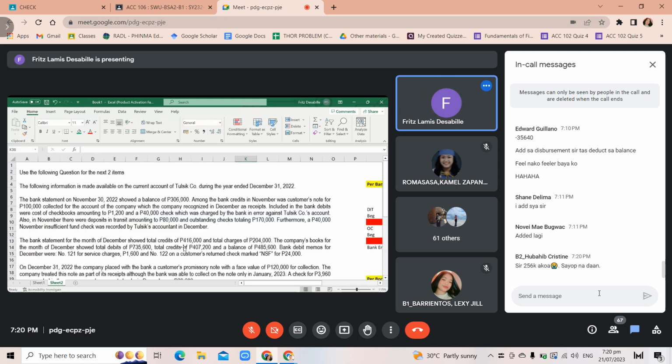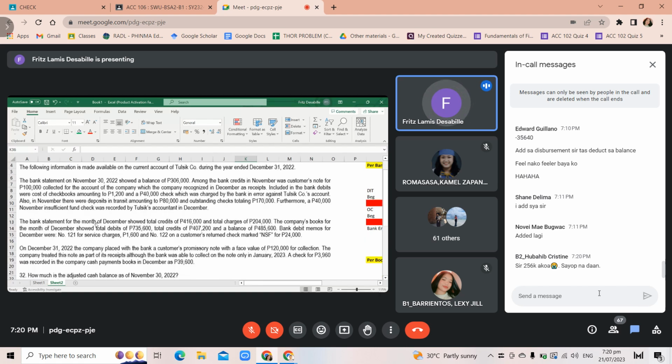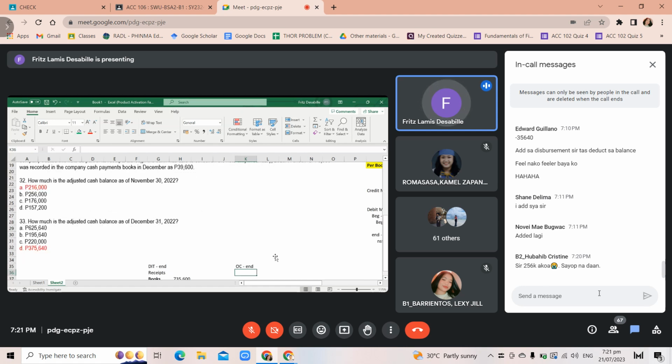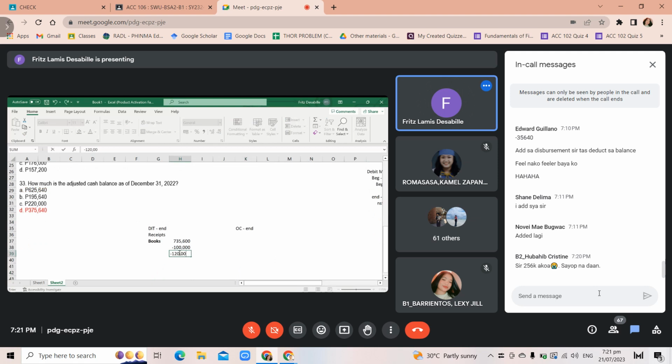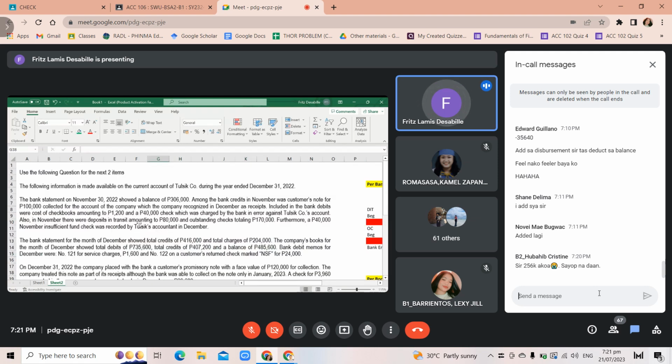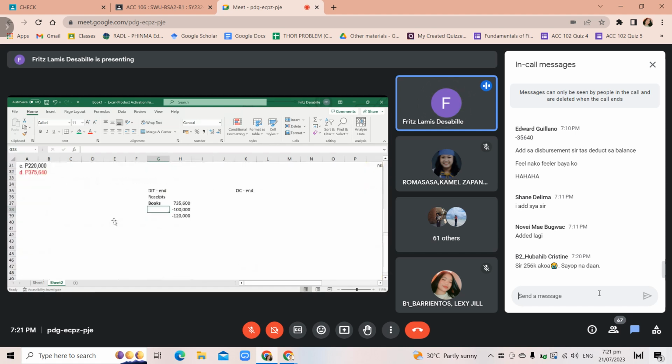So 735 debits, the component of that 735 is 100,000. What else is the error? I think the company has an error. So we will remove the 120. Just go on, guys, I will just look at it later. Notes. This is the credit memo beginning.